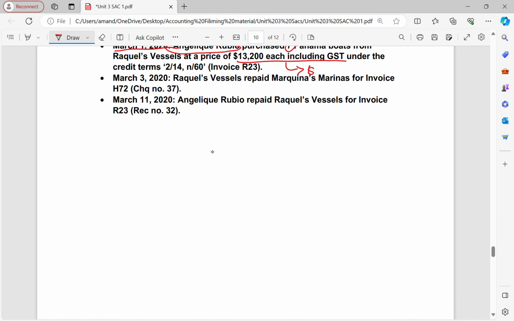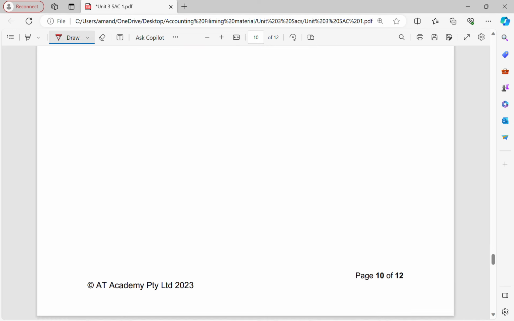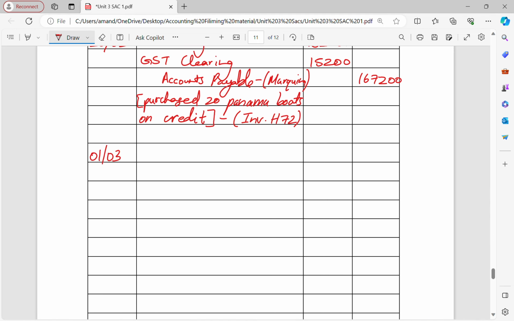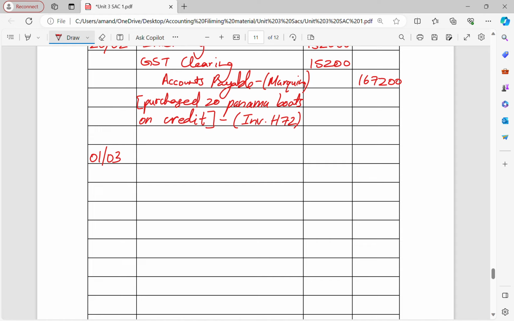13,200 each, including GST, so that's 12,000 each, exclusive of GST, under the credit terms 2/14, n/60. Okay, we're going to come to those later. But now let's just put in the accounts receivable entry.